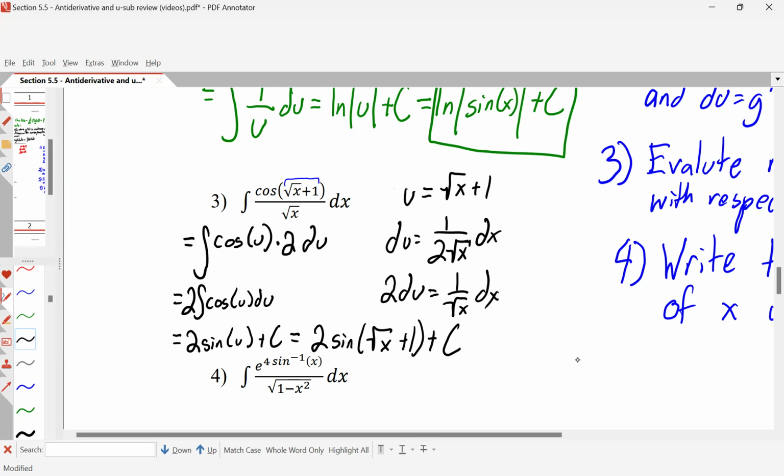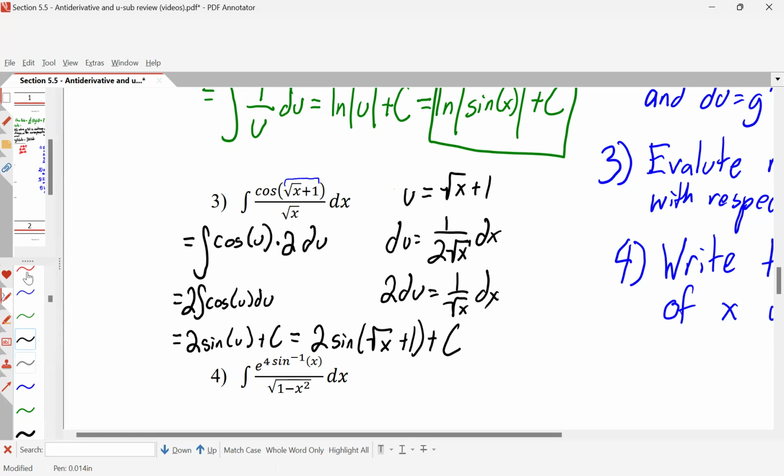There's a lot going on. We've got an e, we've got an inverse trig, we've got a square root. But knowing antiderivatives is really helpful in this case. And knowing derivatives is really helpful in this case.